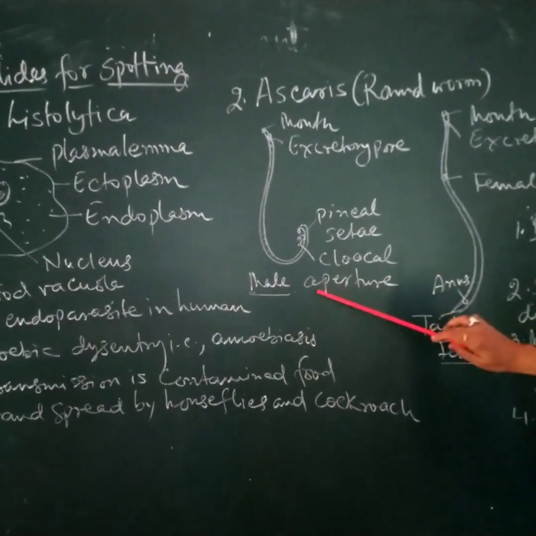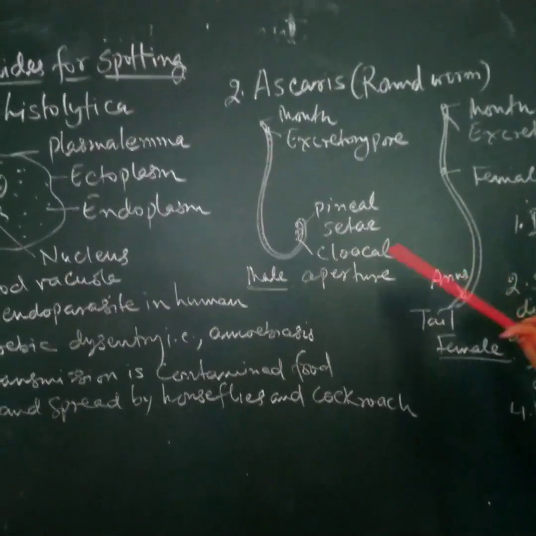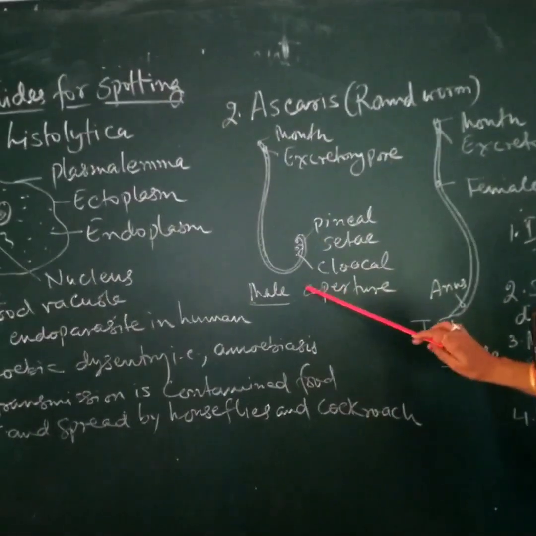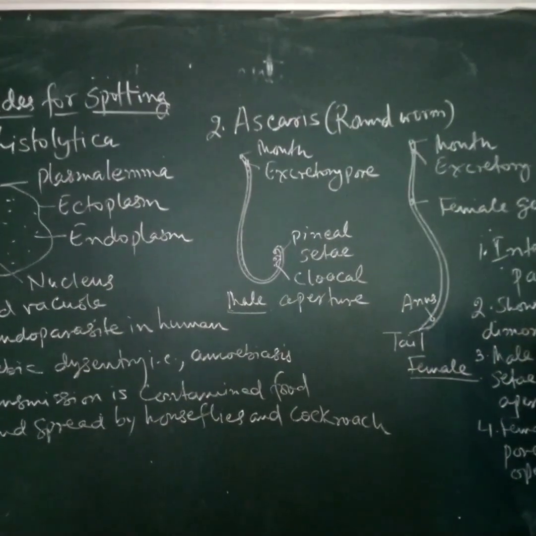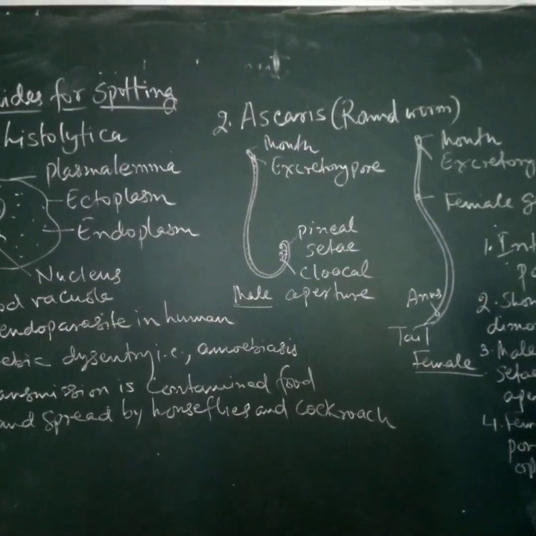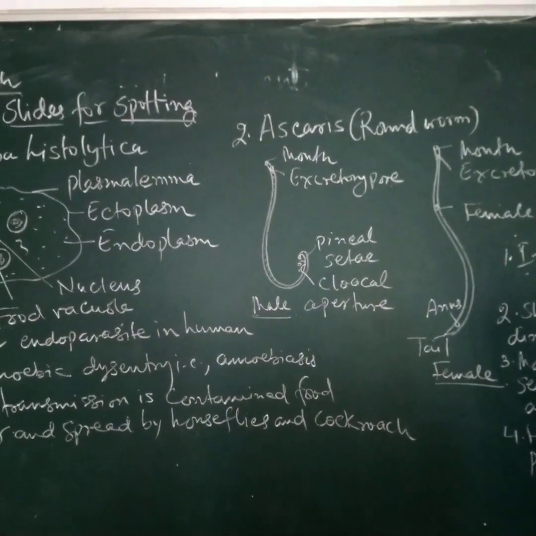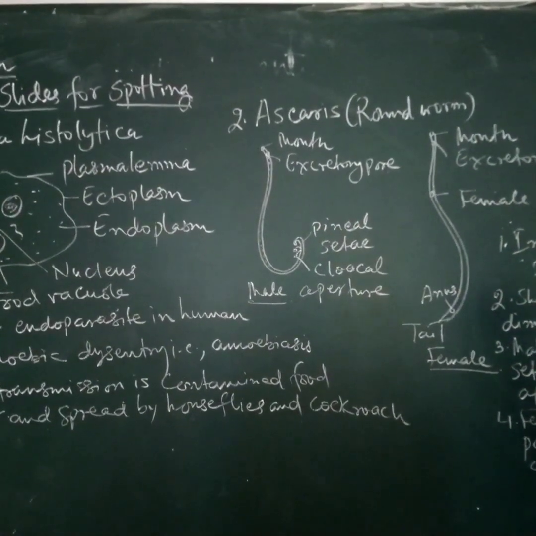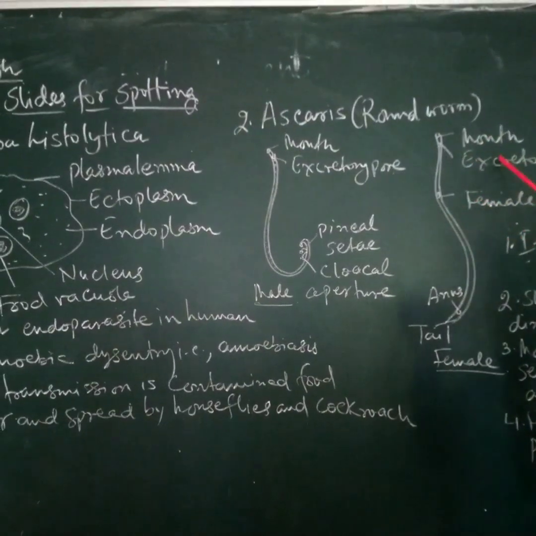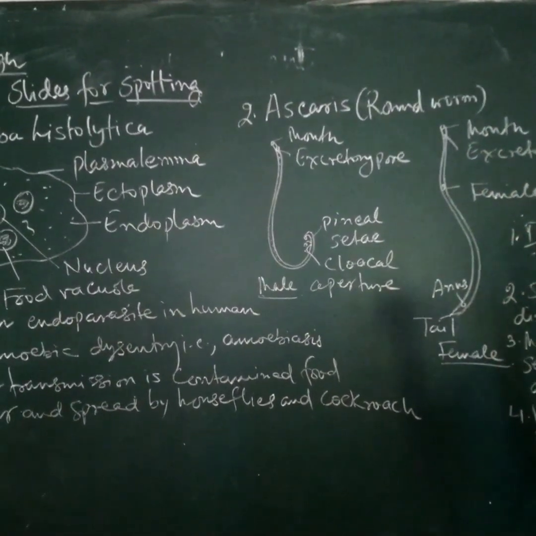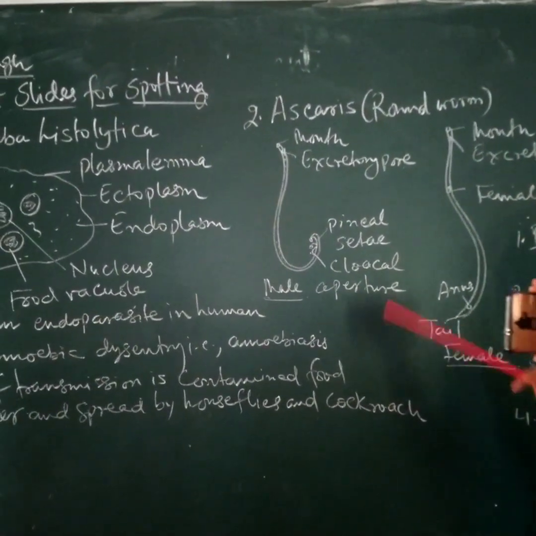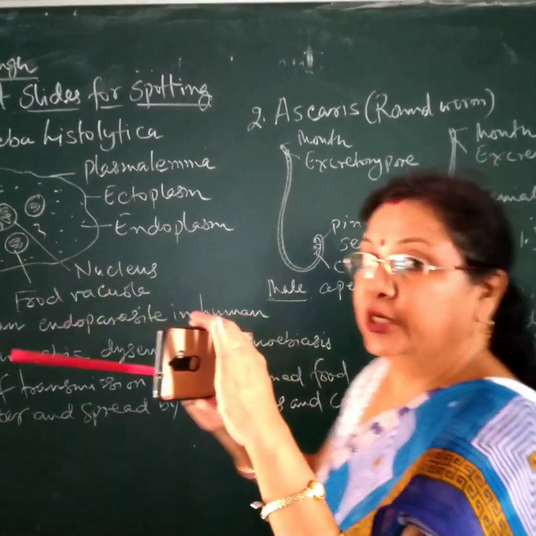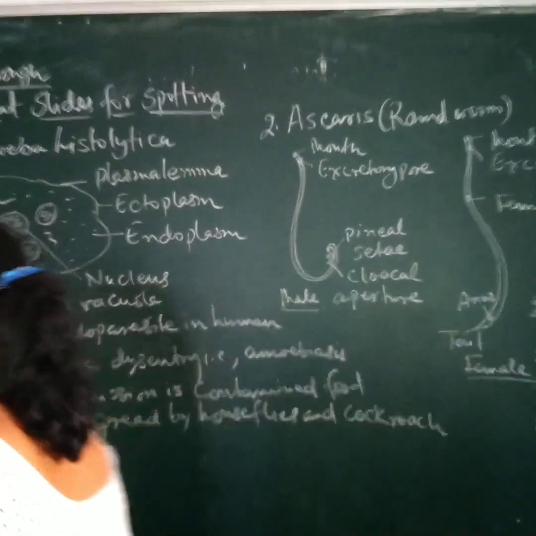It means that they have separate male and female, two separate organisms. The male has penial setae and a cloacal aperture, and the female has a separate female genital pore and an excretory pore which opens separately.